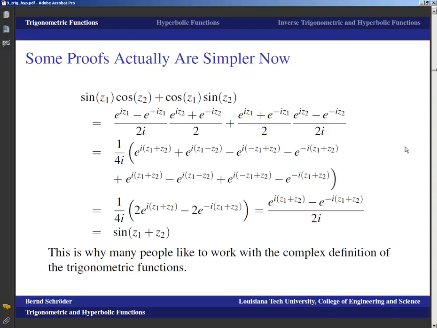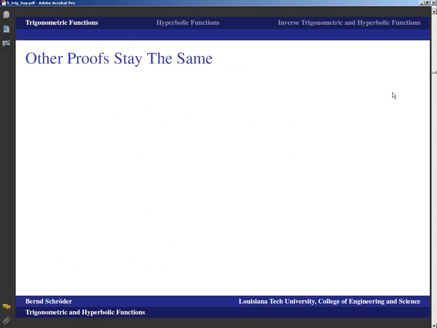That might actually make the expression look even worse than before, but after that it's all algebra. You just multiply things out, you work with complex powers, and so on and so on. And hopefully, ultimately, it'll simplify down to a simple trigonometric expression. That is often easier than trying to find patterns, such as the additive pattern for the sine of z1 plus z2, in a really complicated expression.